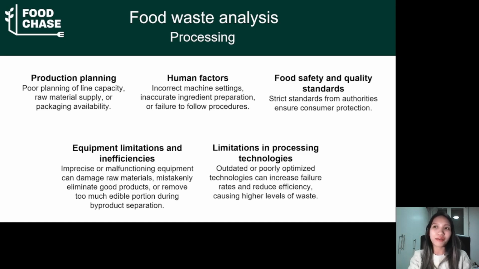It is very efficient, but it also requires a high initial investment cost. Many small or medium food processors still use traditional sedimentation technology, which requires lower investment costs, but it is not very efficient at all.